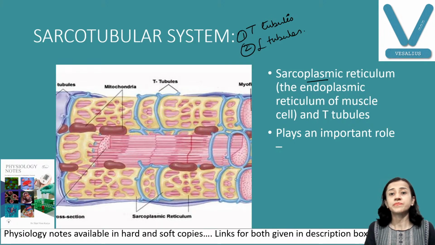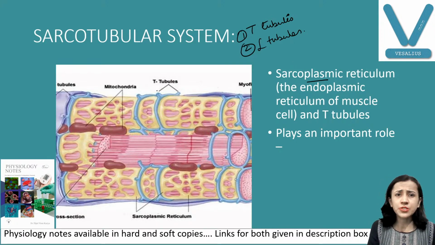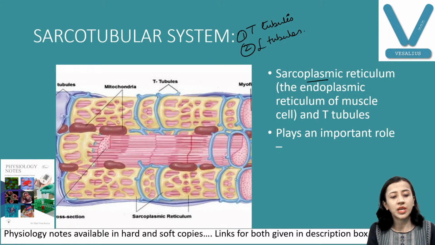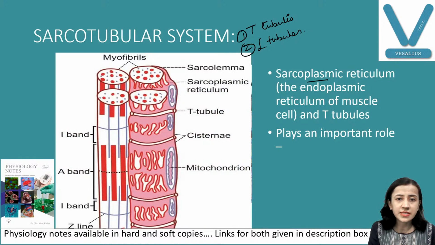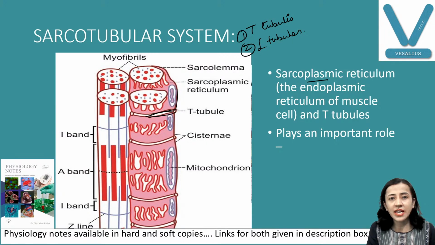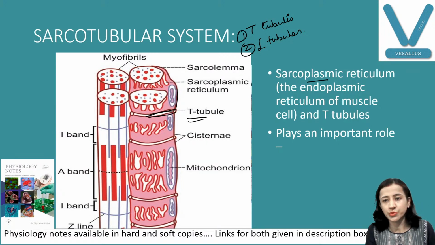Now, first of all, what is this T-tubule? T-tubules are nothing but invaginations of the sarcolemma. The sarcolemma invaginates down. I will show you this way. You can see here, this is the exact, this one. The sarcolemma invaginates transversely, so this is the T-tubule.